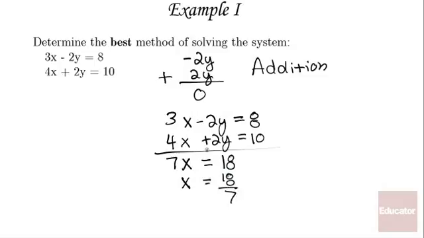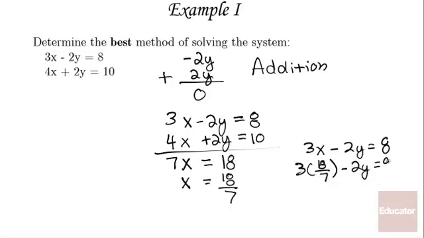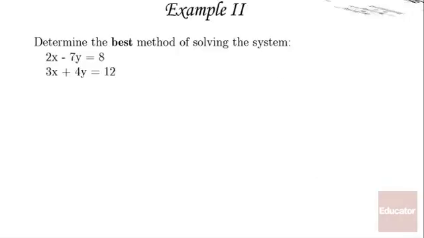I could then solve for y by substituting x into either equation. So 3x minus 2y equals 8. That would be 3 times 18/7 minus 2y equals 8. And then you could solve for y. Now, they didn't ask me to solve it out, and so I'm not going to take it all the way, but what they did ask me to do is to determine the best method to solve this system of equations, and addition is the best method.